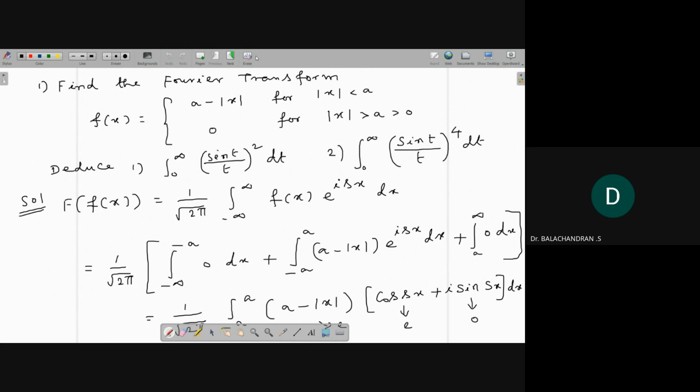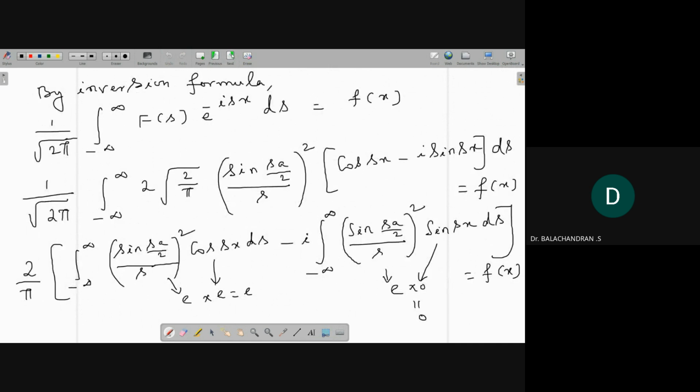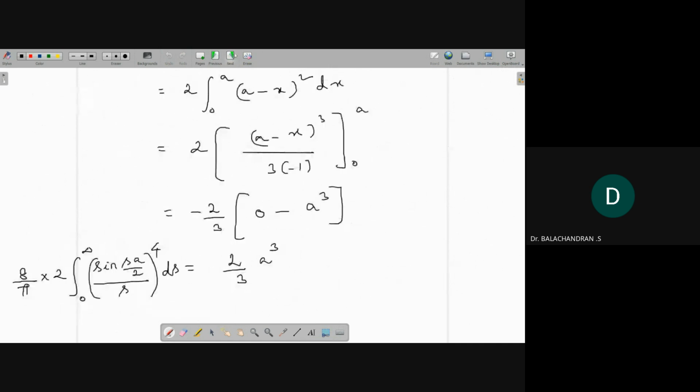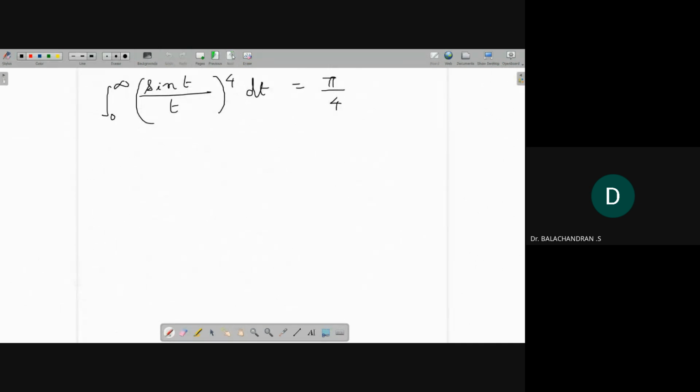Find the Fourier transform of. Next problem is find the Fourier transform of 1 by root mod x.